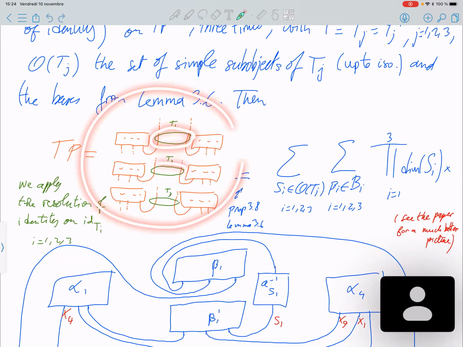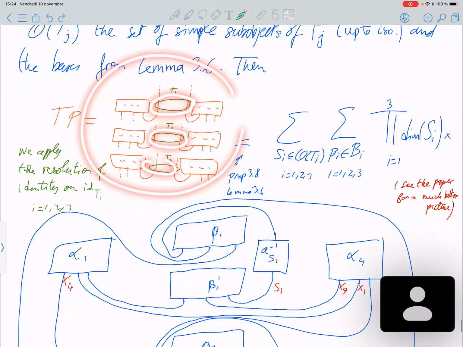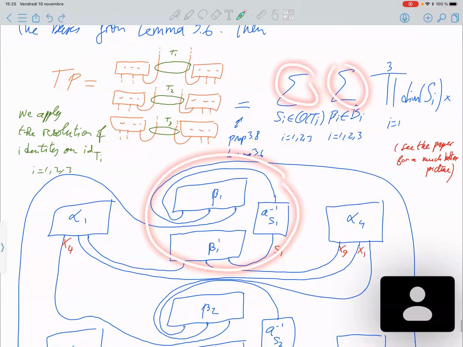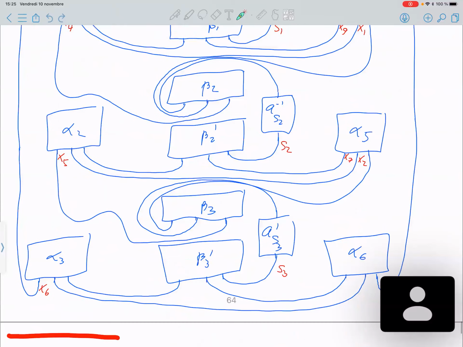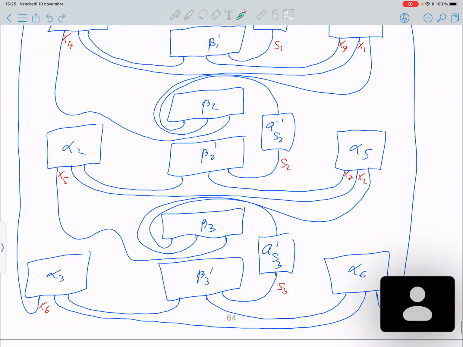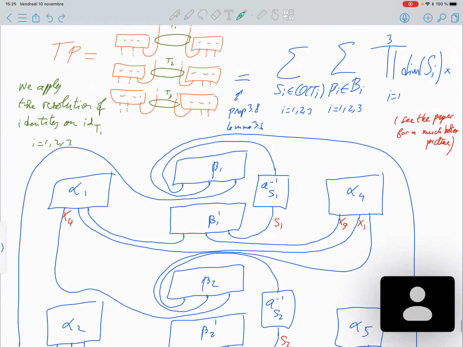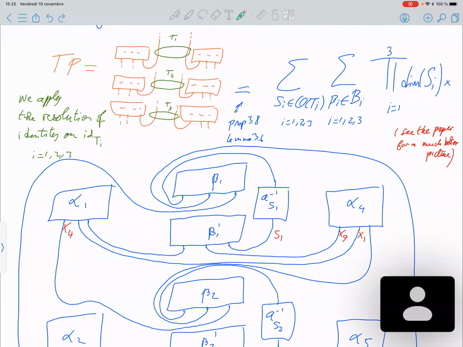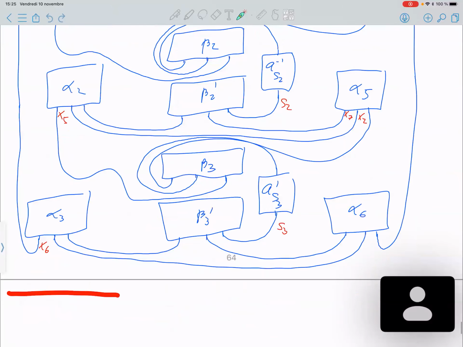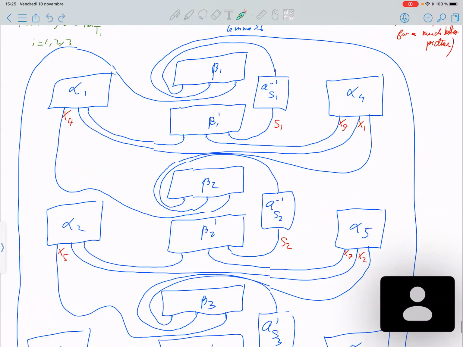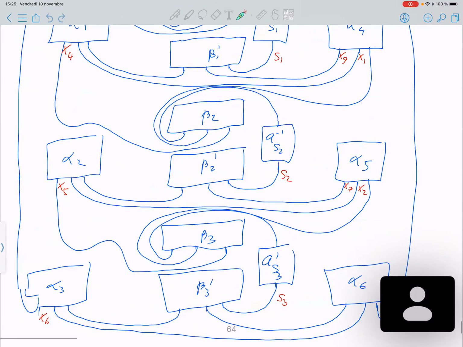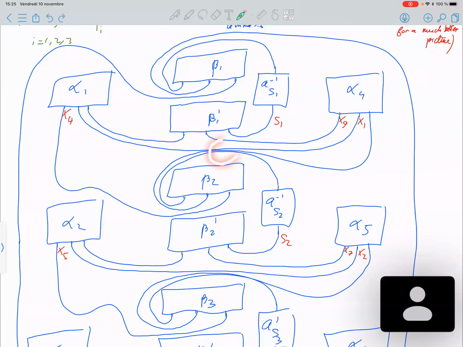So you just see this global view. You replace every identity here by a sum with this basis, and what you get is exactly this picture. So there is nothing complicated. The only complicated thing here is to draw the picture. Otherwise, it's just a straightforward application of what we did before in section 3. Yesterday I drew the picture quickly, so I was not able to do something very clean, but I repeat again: there is no crossing, nothing touches.